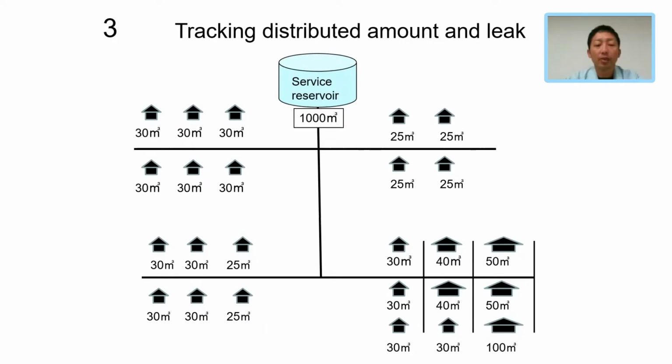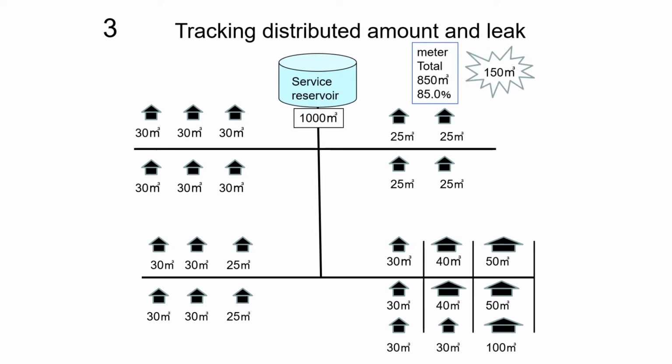Let me explain how we calculate distributed amount and leak. First, let me start with a case without distribution blocks. In this diagram, 25 households are supplied from a service reservoir. Let's say the reservoir supplies 1000 cubic meters, and the sum of meter readings from each household is 850 cubic meters.